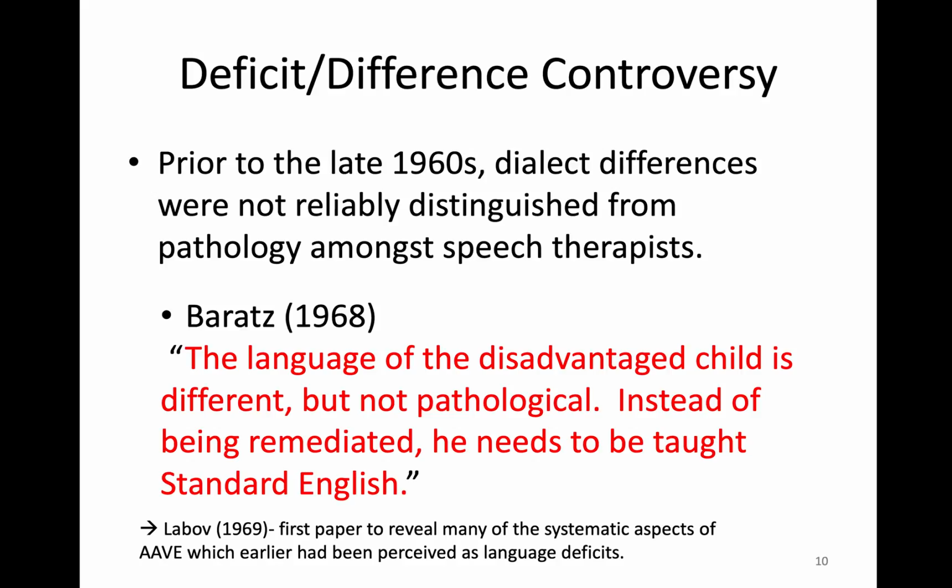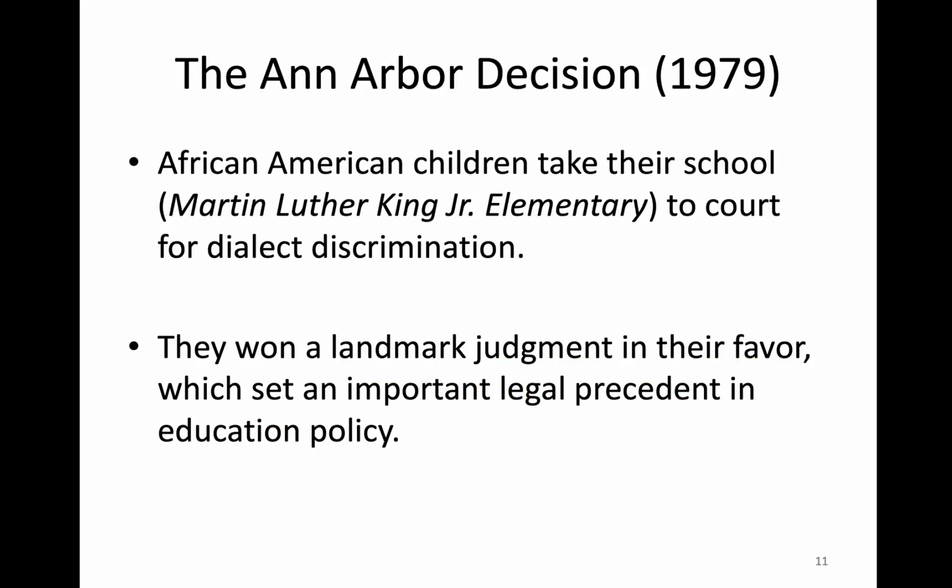And this is because really news about the fact that AAVE was systematic hadn't reached the wider academic community. So Labov 1969 is the first paper to reveal many of the systematic aspects of AAVE, which had earlier been perceived as language deficits of some kind, but which, as we know, turn out to be linguistic features with their own internal system in play.